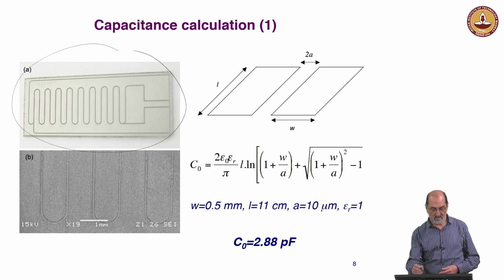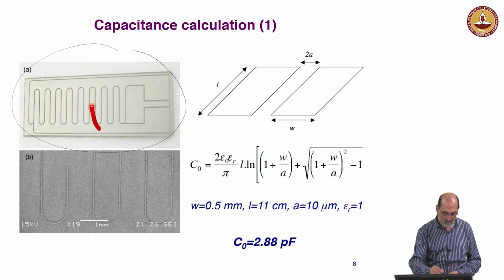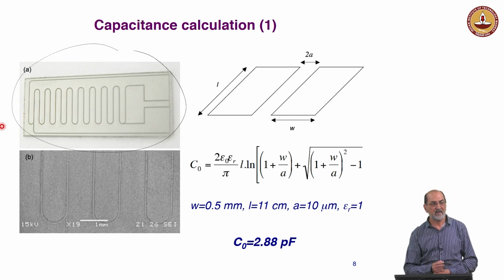A is the distance, which is the separation between the plates, the conductive plates. We have A, we have W, this is the width, A is the separation, or half of the separation, and we have a logarithm here, and we have L, which is the length, the whole length of the plates.